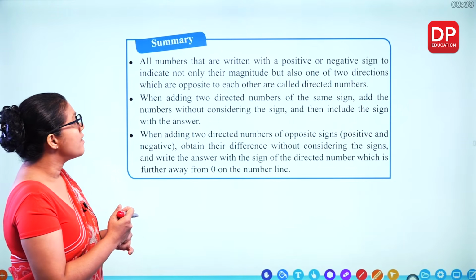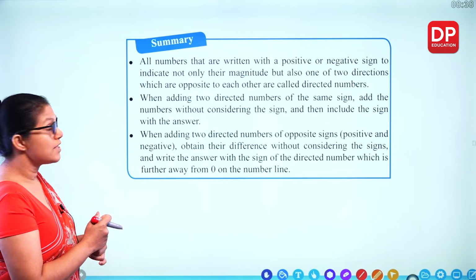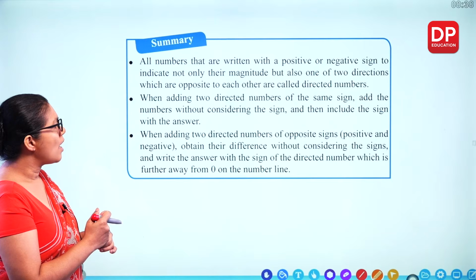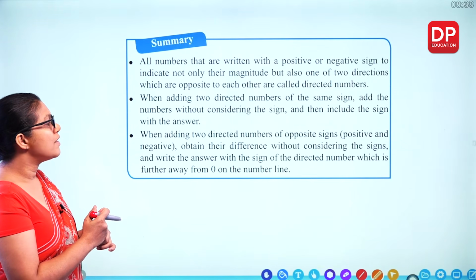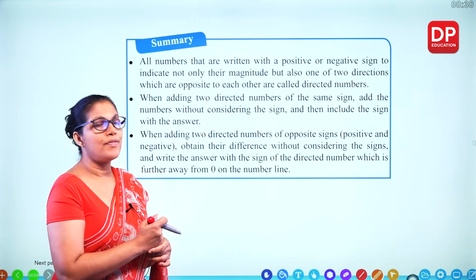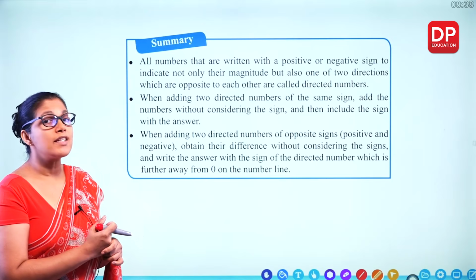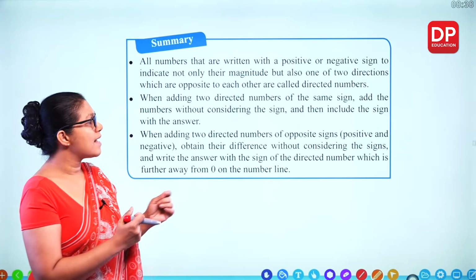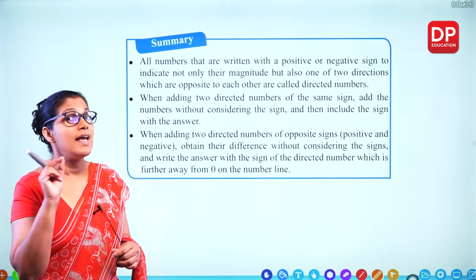When adding 2 directed numbers of opposite signs, positive or negative, take the difference without considering the sign and answer with the sign of the directed number which is further away from 0 on the number line, or the bigger number. So practice all theory and exercises related to directed numbers because you need this in future.